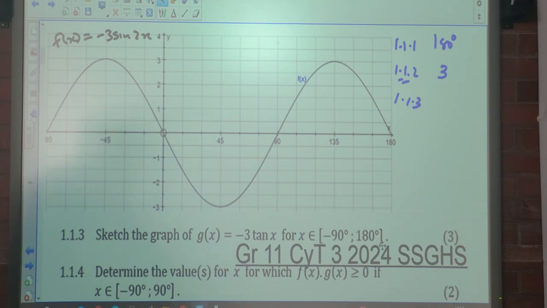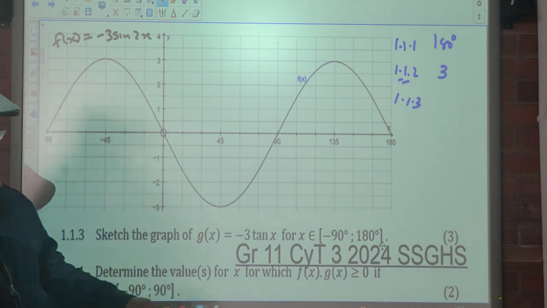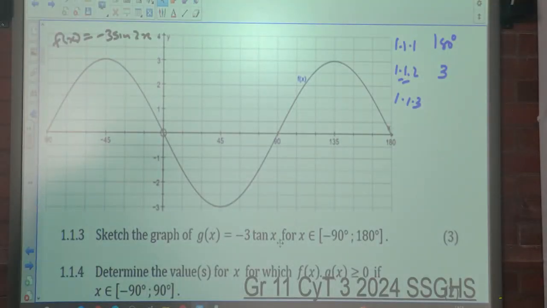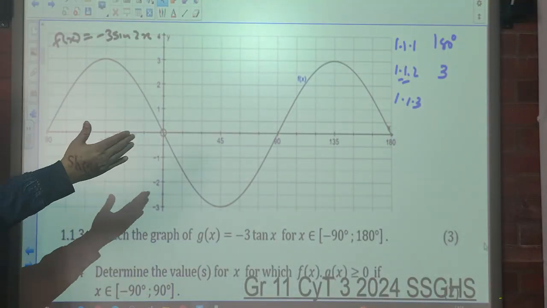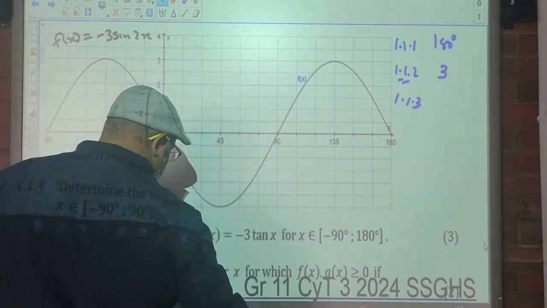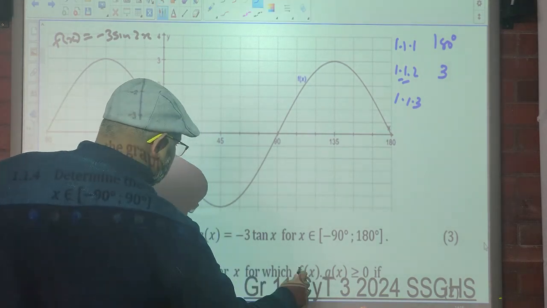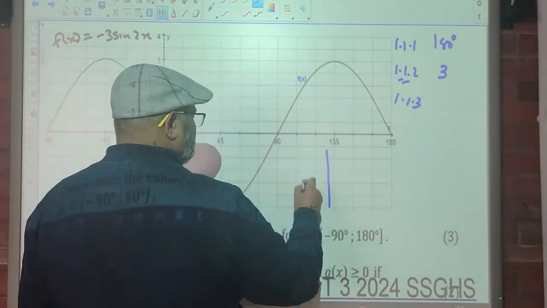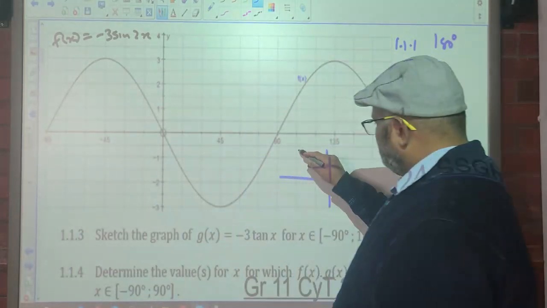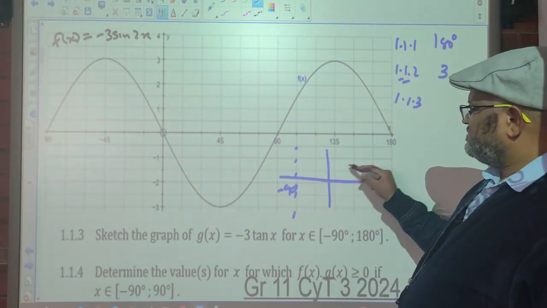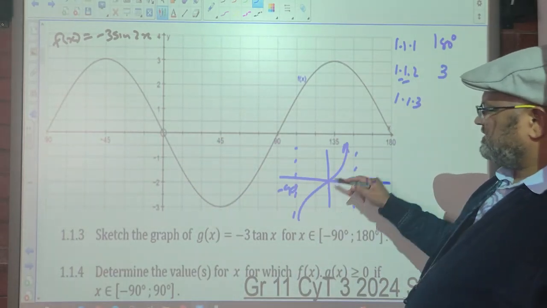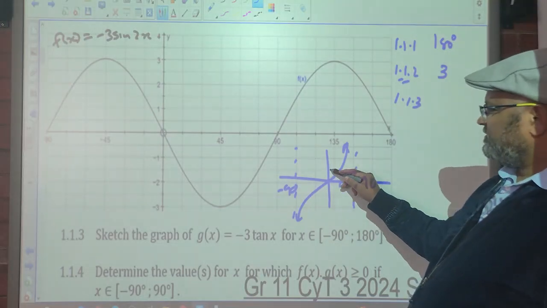People, that simply means the given domain here. So for your tan graph, remember that's what your tan graph normally looks like. That is negative 90 and this is normally 90. The graph does this. That's a tan graph. This is normally 45 and 1.